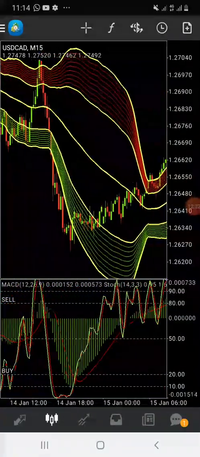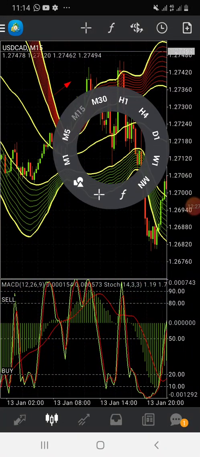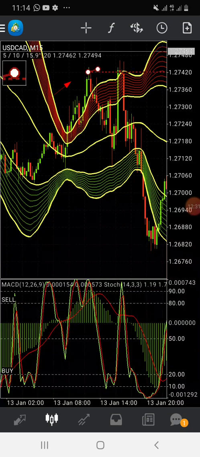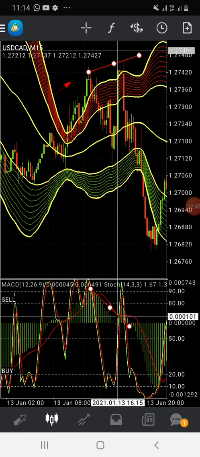So guys, it's a simple concept. Okay, we have a divergence here, not so clear. Can you see that all the divergences which are not so clear, like this one, are the ones that are very much profitable? Can you see? We have one here. Can you see it?